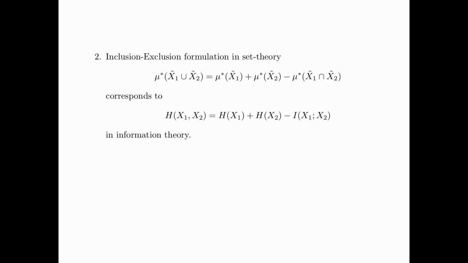This corresponds to the identity in information theory: entropy of X1, X2 equals the entropy of X1 plus the entropy of X2 minus the mutual information X1 semicolon X2.